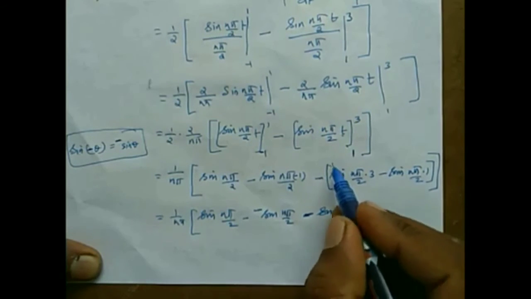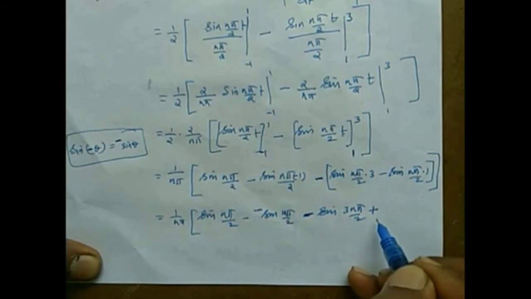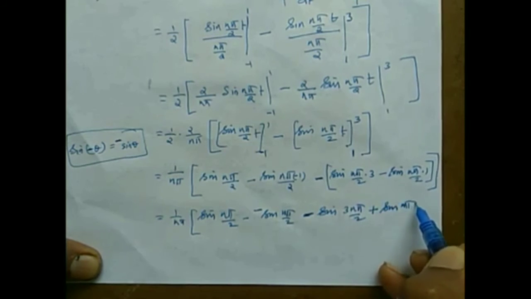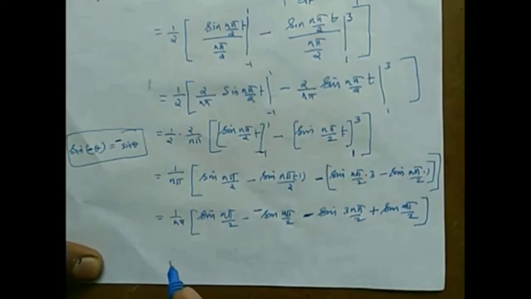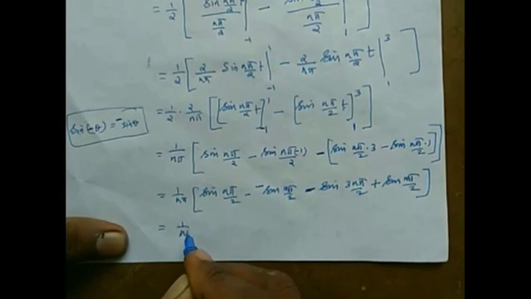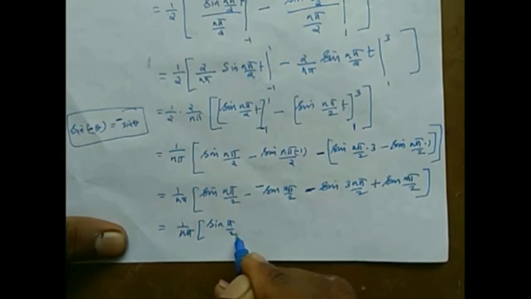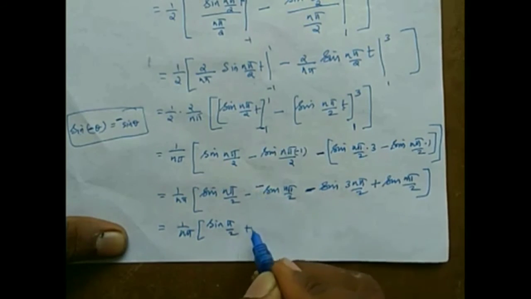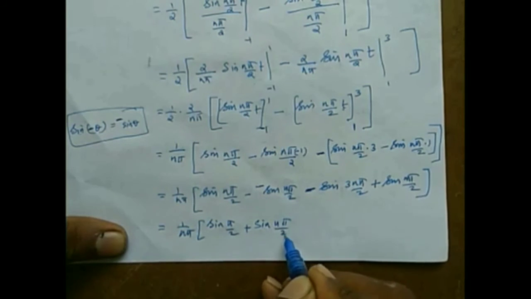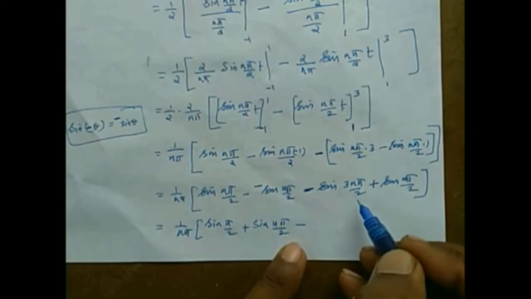Expanding this bracket, the first term becomes minus, and then minus into minus becomes plus sin n pi by 2. Okay, again this is equal to 1 by n pi sin n pi by 2, minus into minus becomes plus, sin n pi by 2 minus, what is sin 3 n pi by 2?